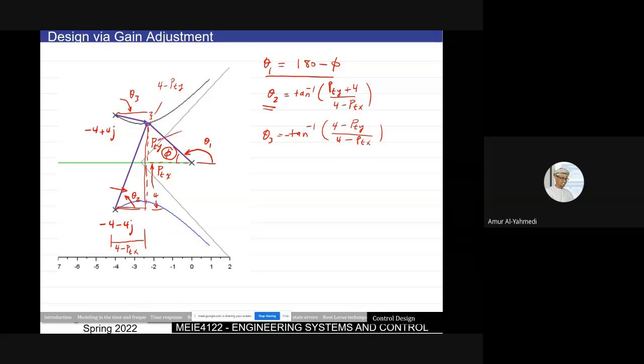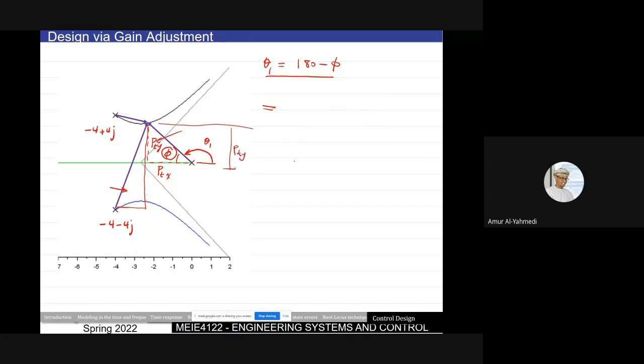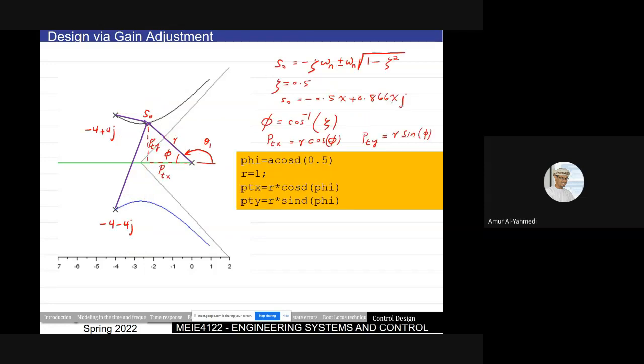If we go back, this is PTY, and this is PTX. We can calculate them from the angle phi. So it is R cosine, where R here is x, so x cosine or x sine. So we can calculate PTX and PTY.